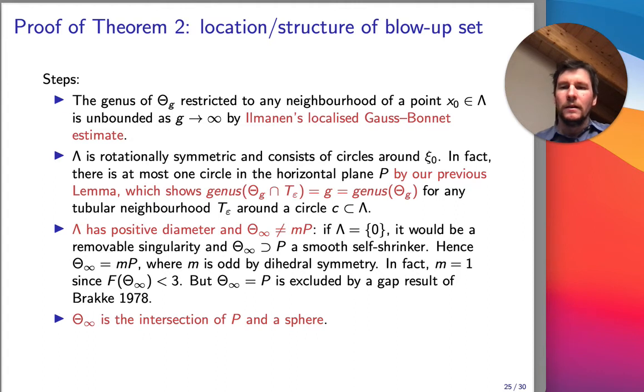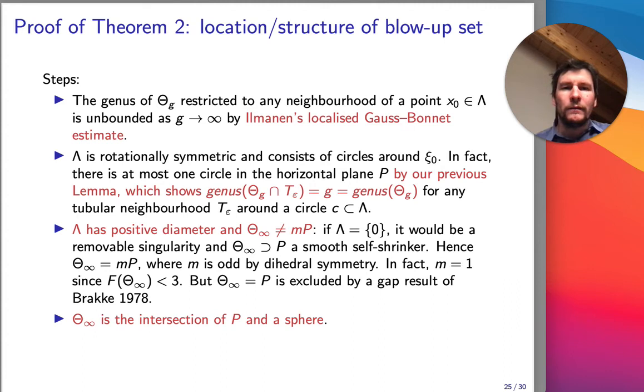Okay, good. Now, what we get last is that we have one circle where the convergence is bad, and that circle has a definite radius, and then the intersection must be the intersection of the plane and the sphere. Let me quickly say something about how we prove that.